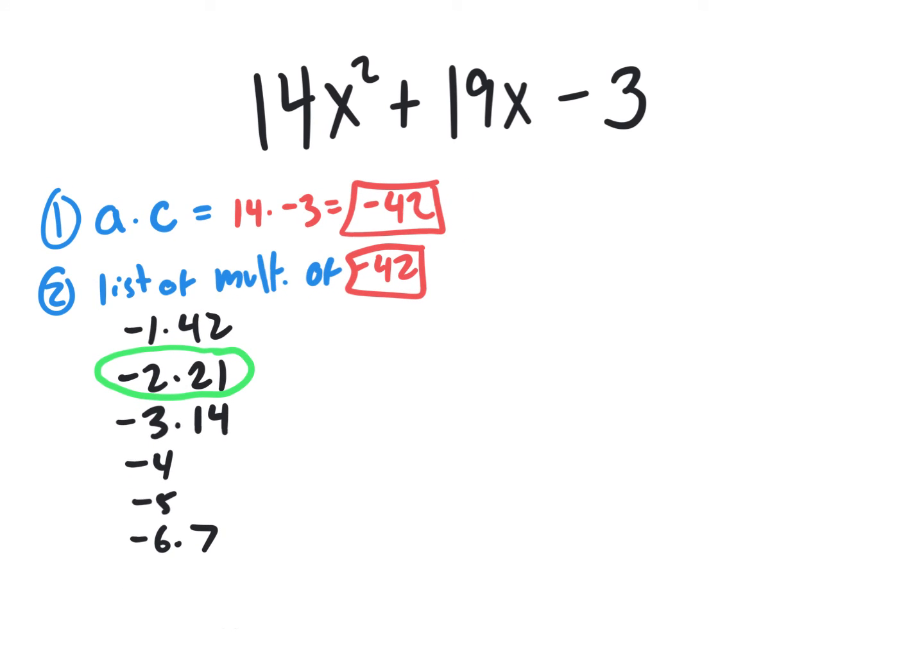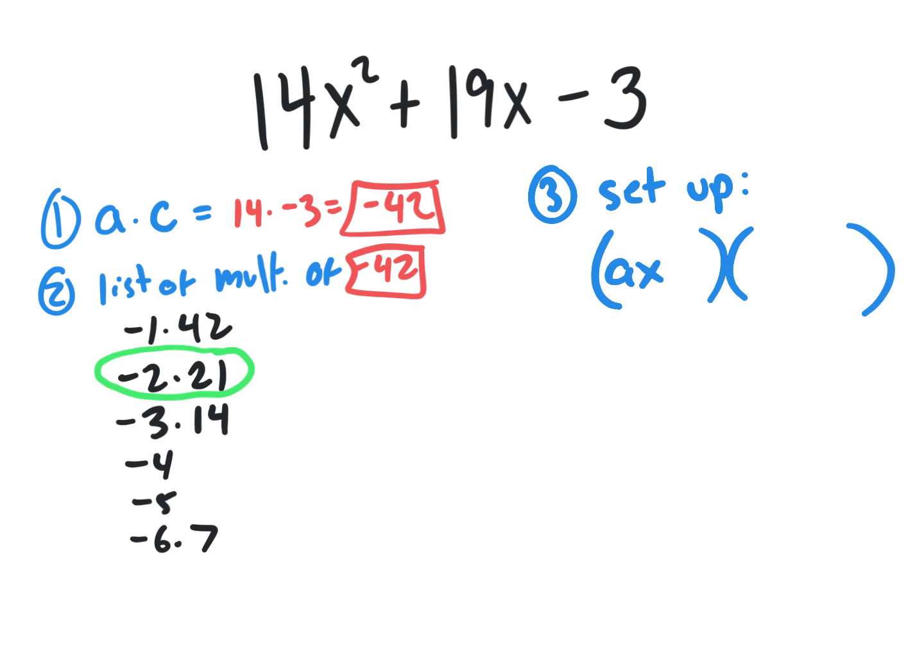So jot this down. Step 3 is to set up this format, okay? AX with a number right here and a number over here. That's the setup for step 3, okay? So obviously, looking at the original quadratic trinomial, what is AX?